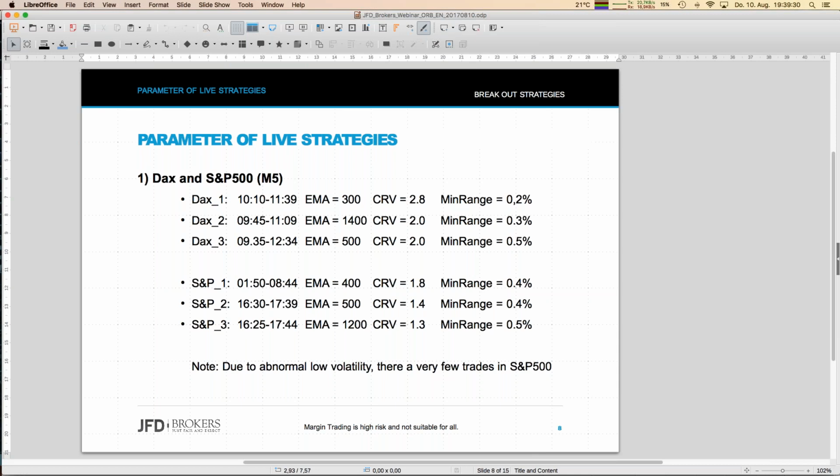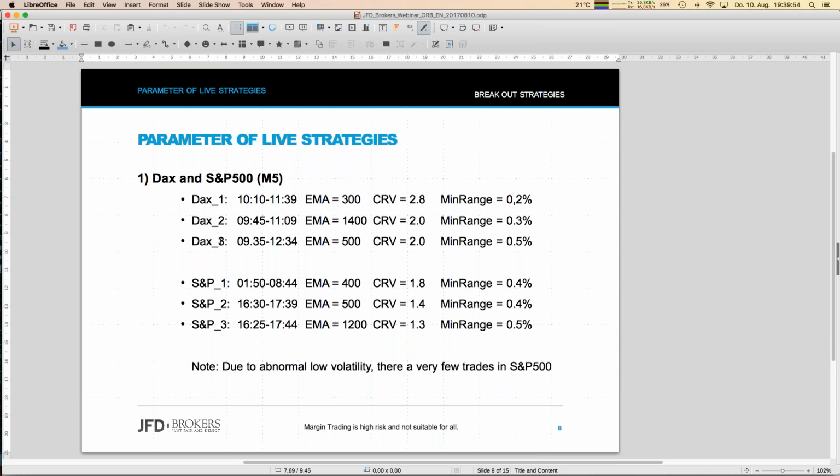So the first strategy is a strategy which simply combines several breakout strategies within a day. Formally, I have within that one strategy 6 sub-strategies, therefore DAX 1, DAX 2, DAX 3, and so on.